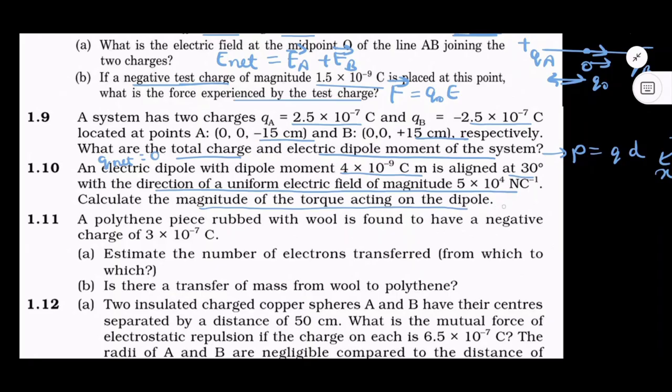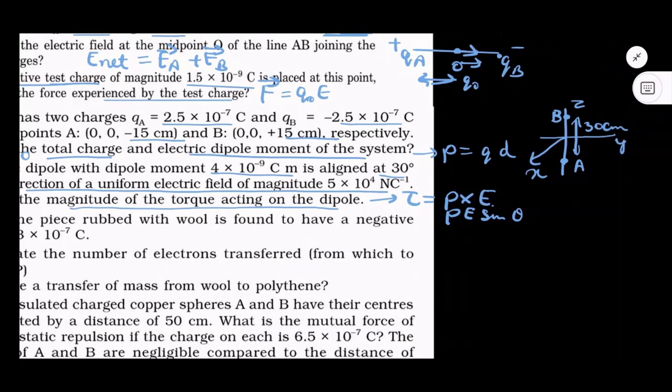We have seen its formula: torque on the dipole is P cross E. We are directly given the dipole moment, which is 4 into 10 raised to power minus 9, and also the electric field. So we can write it as PE sine theta, and theta is given, since it is inclined at an angle 30 degree with the direction of the electric field.